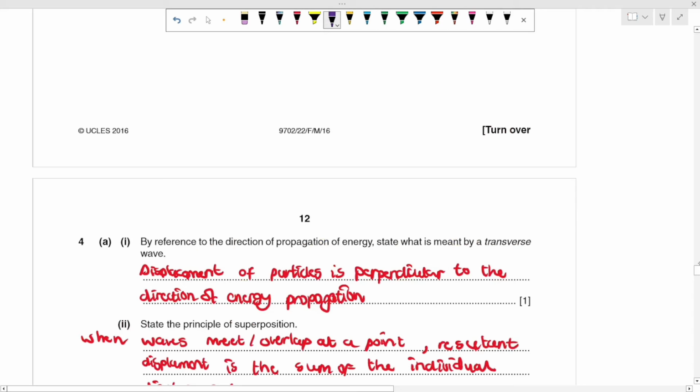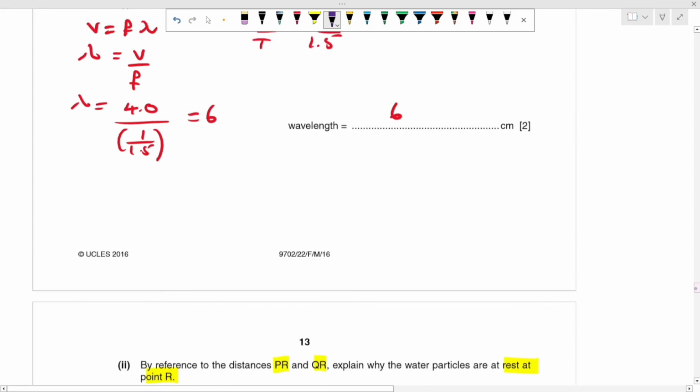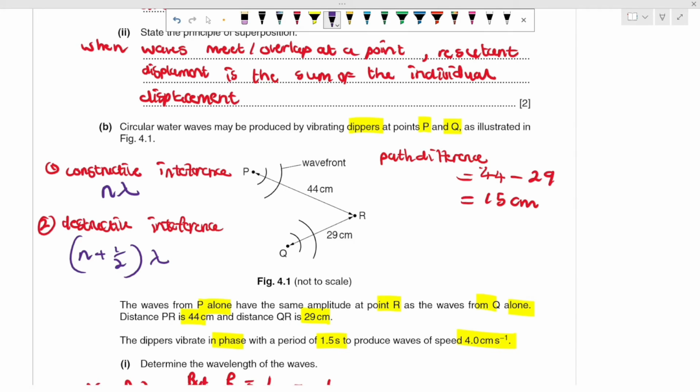So it's the exact same wave, differing by lambda or some multiple of lambda, but they're still going to meet constructively. But if they're differing by half lambda, it means they're out of phase now. So if they're meeting with n plus half lambda, when they meet they're going to cancel each other out.